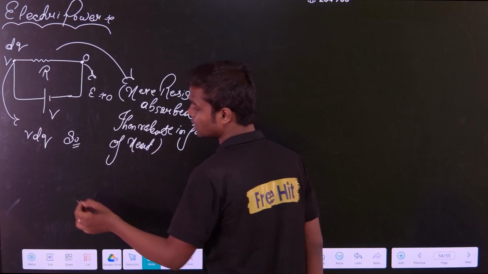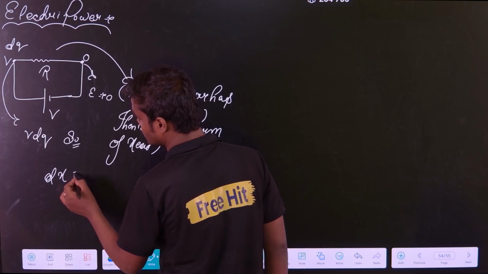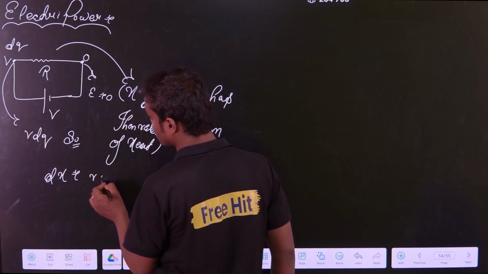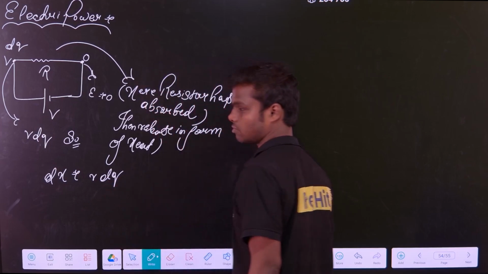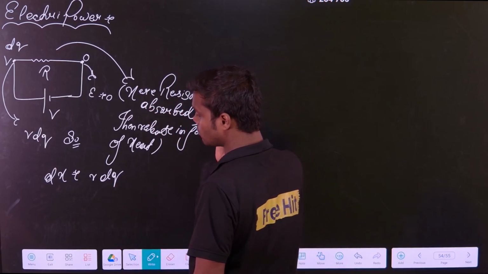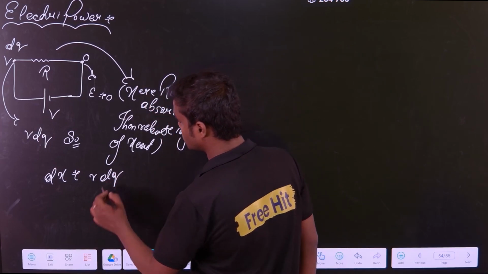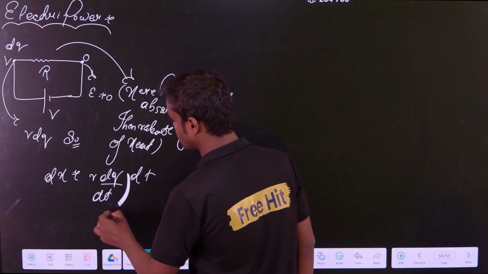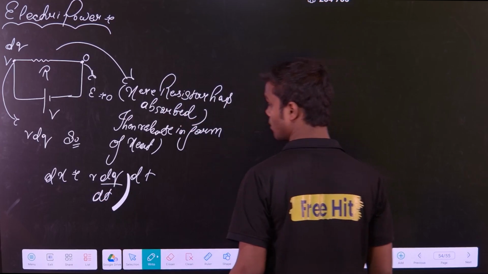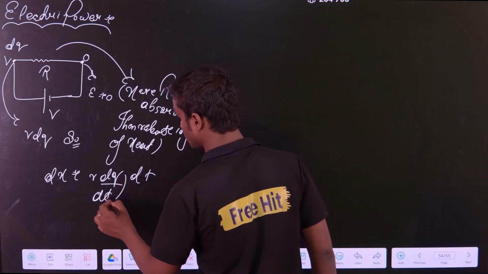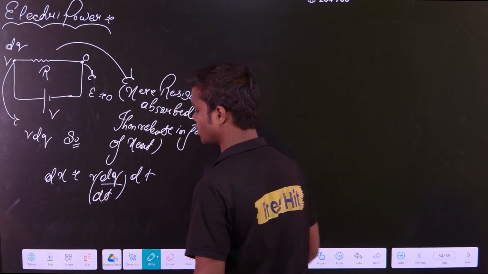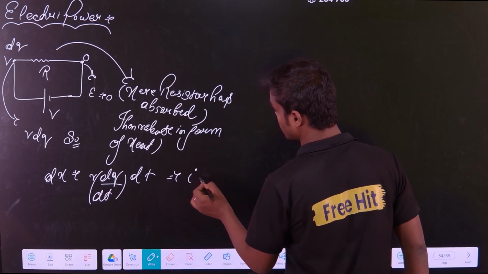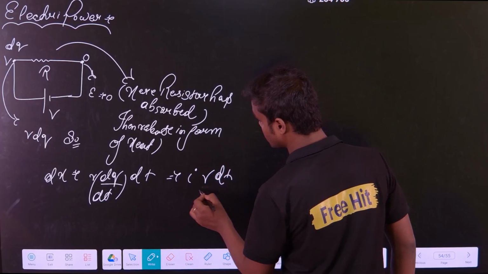If I ask you what is the heat released, the small heat dH will be V dq. And if you want to calculate the total heat, just multiply with dt and divide with dt. What is this quantity? It is nothing but the current.